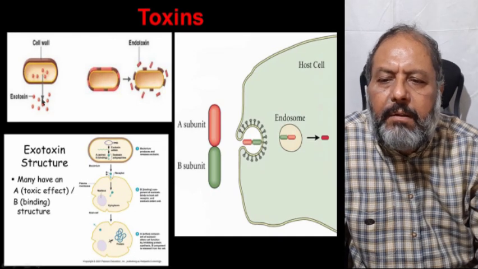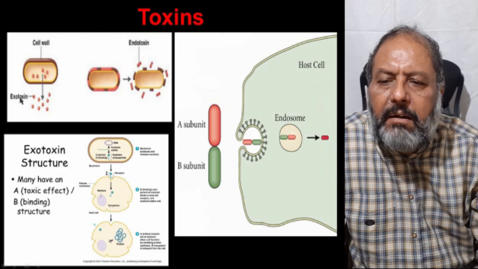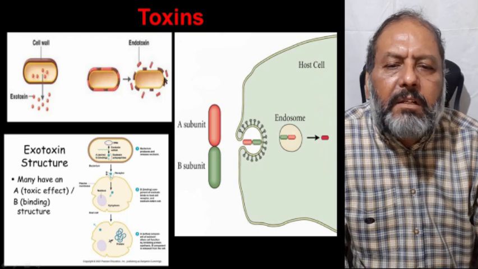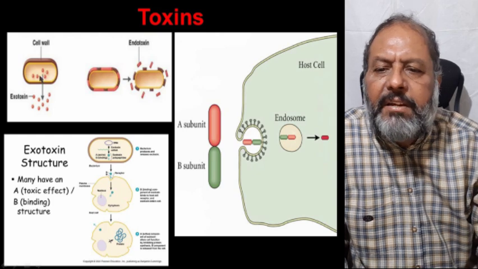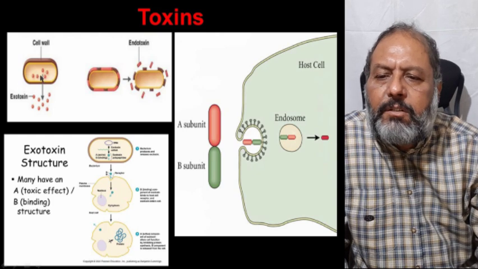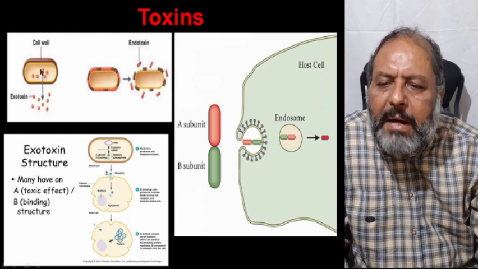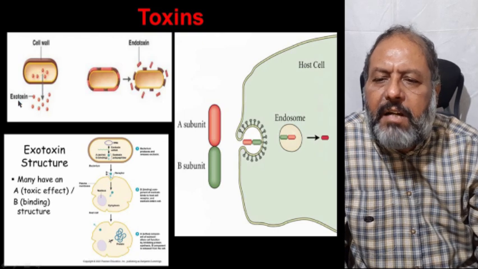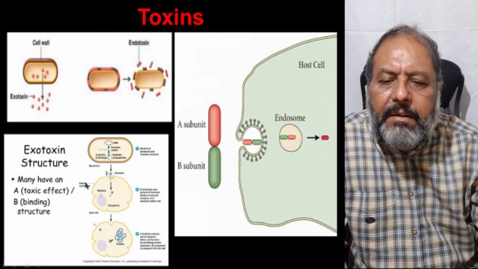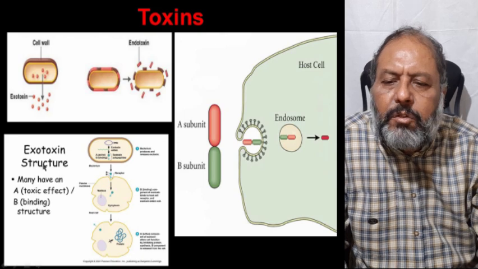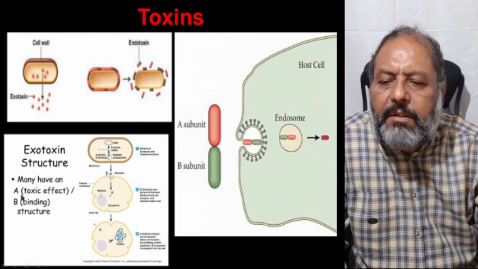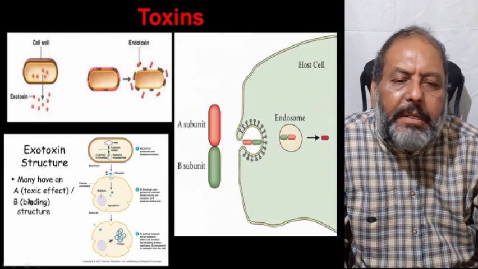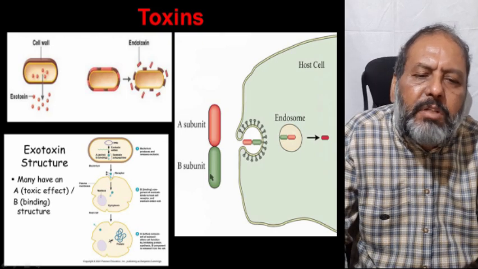Here one can see the toxins. The cell wall component is the endotoxin, and here you can see the exotoxin being produced in the cytoplasm and excreted outside. You can see the exotoxin structure. It has a toxic effect A and a binding structure B. Here one can see the two subunits.